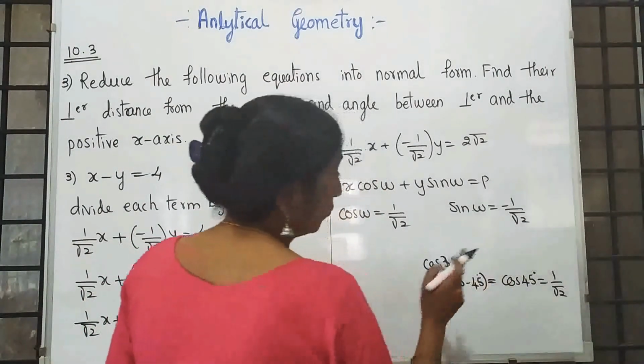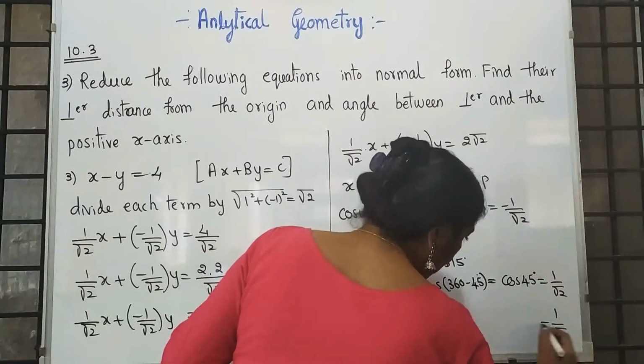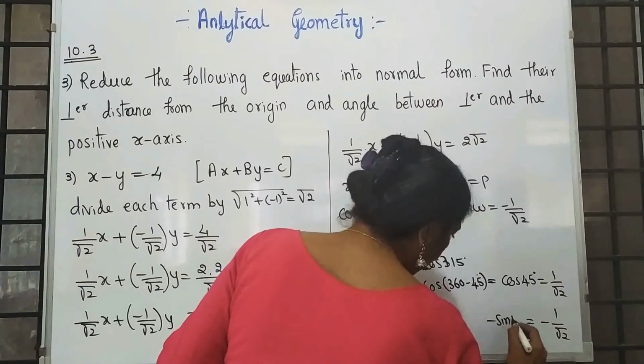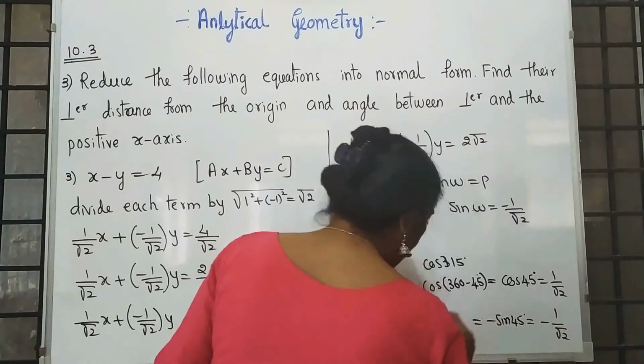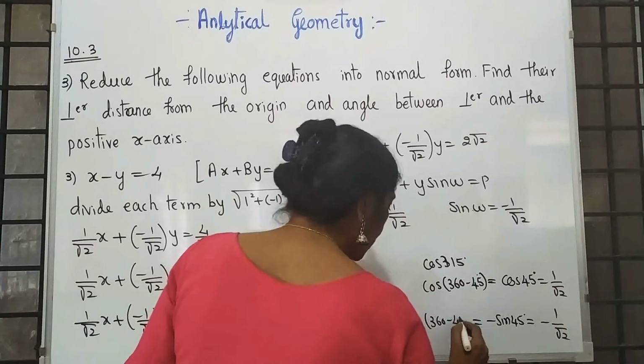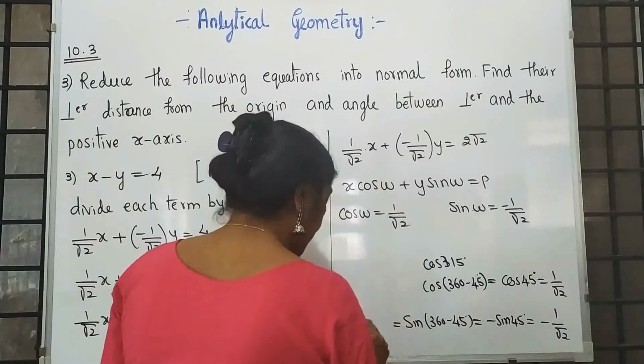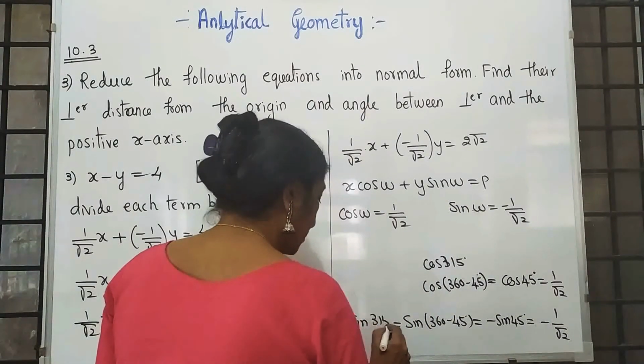So it is 1 by root 2 in the fourth quadrant. Then for minus, this is minus sine 45, that is sine of 360 minus 45. Remember, these two values should be the same. It is sine 315.